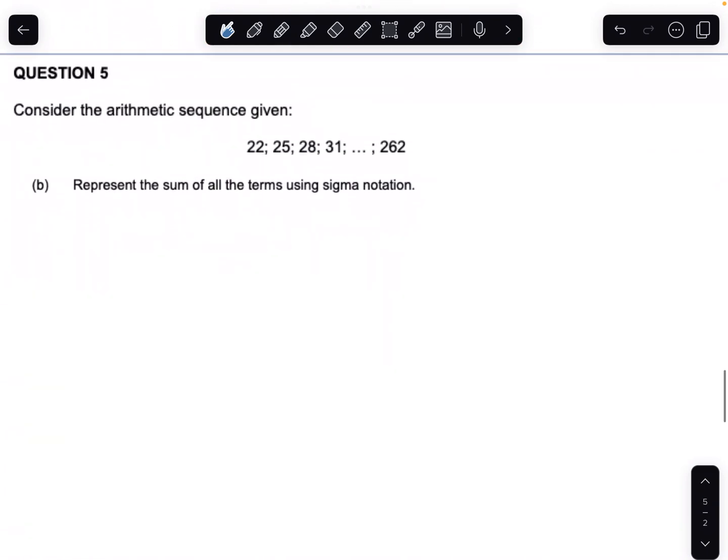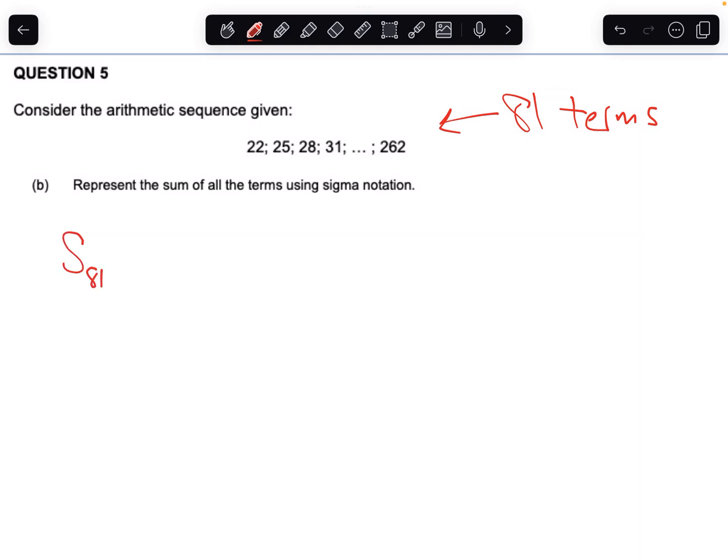Okay. Next question says, represent the sum of all the terms in the given sequence using sigma notation. It's very useful that we now know that there are 81 terms here, because now we can say the sum of those 81 terms is given by, we're going to count from n is equal to 1 up until 81, and each time we're going to add the nth term, whatever the nth term is.